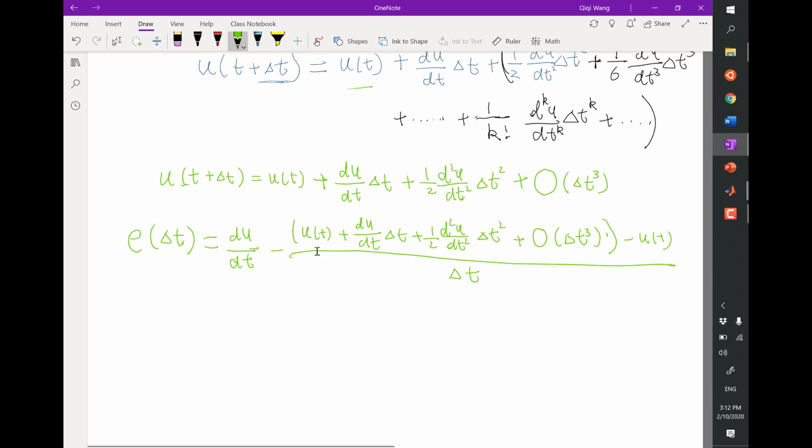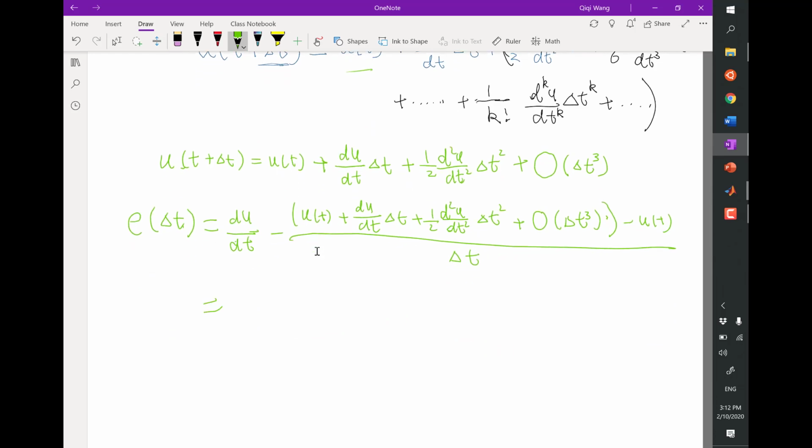Okay, so now first of all, let's cancel stuff. This gets cancelled with this, right? And this delta t gets cancelled with this, right? And if I cancel delta t, the square is going to cancel out, and the cube is going to become 2, right? This is going to be something you'll be doing a lot.